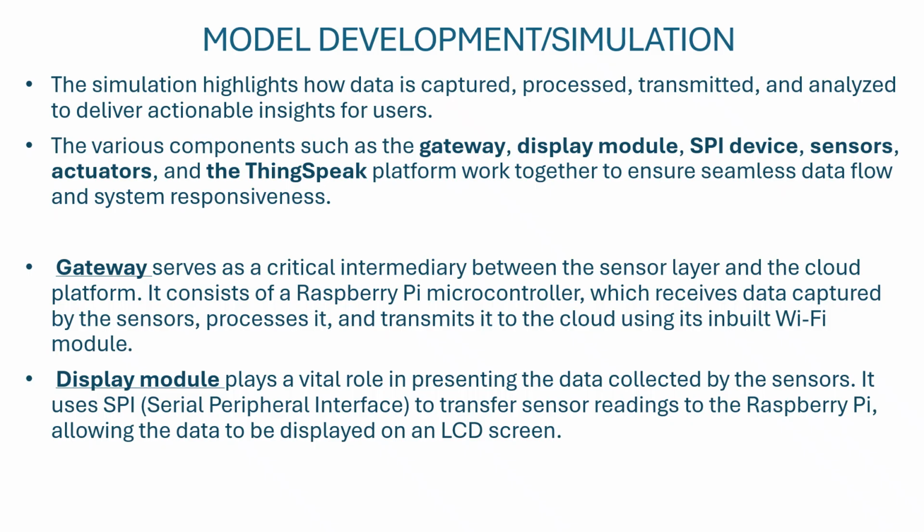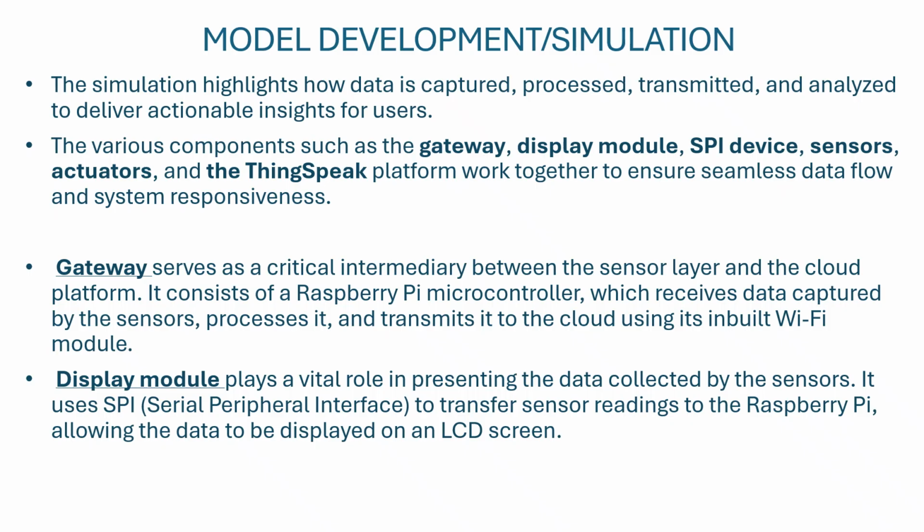As I told you, it has inbuilt Bluetooth and Wi-Fi connectivity, which receives the data sensed by different kinds of sensors, temperature sensor, humidity sensor. So different kinds of sensors sense the data and transfer it to the gateway. Then it processes the data and transmits it to the cloud. I hope you understood it.